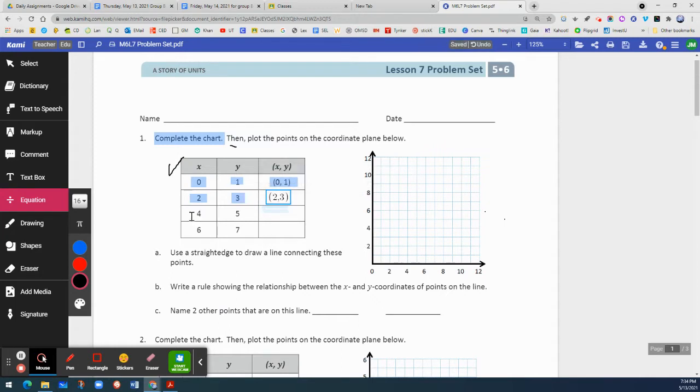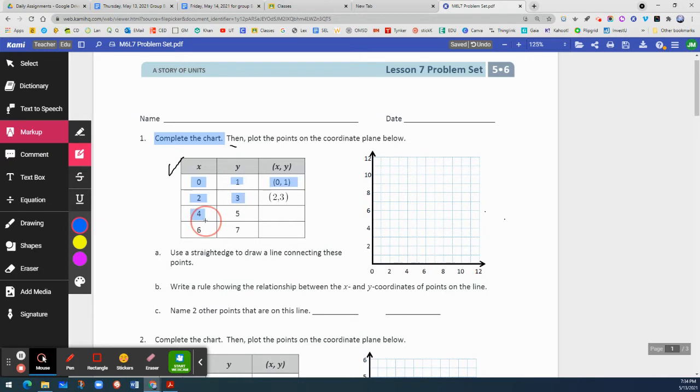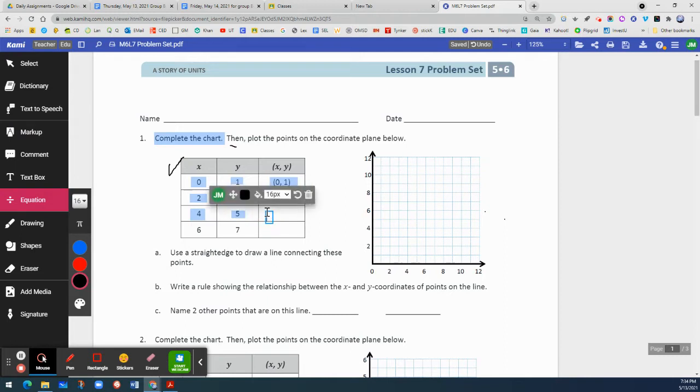So I'm gonna go to the next line. The next line says that x is 4 and y is 5. Okay, so here we go. X is 4 comma and y is 5, and parentheses. Place it on the right row and column.